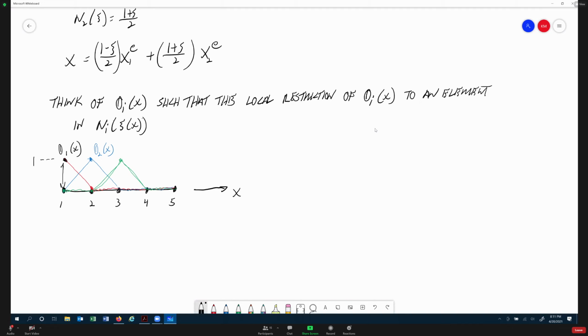So phi I are called finite element basis functions, if you remember. And they're a trial solution. What we're trying to say is that those trial solutions are not necessarily 1 or 0, but the trial solution is either valid or it's not.